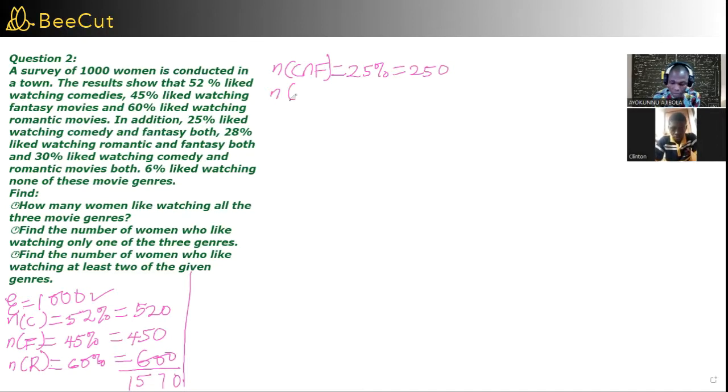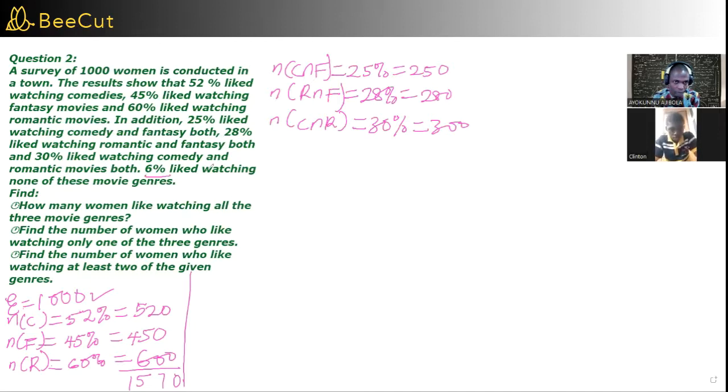Then another intersection given is romantic intersection fantasy, given to be 28%, and that will be 280. While comedy intersection romantic is 30%, and that will be 300 women.